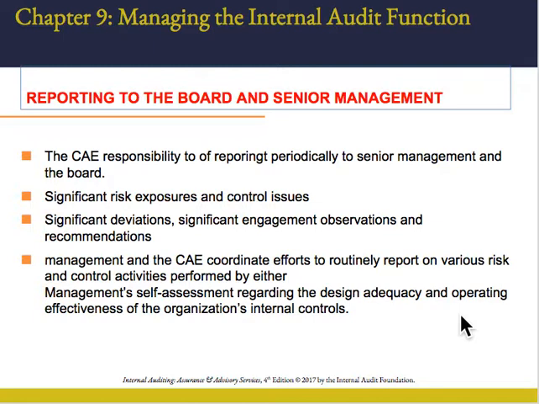In addition to this information, a report is typically submitted to the audit committee by either senior management or the chief audit executive. This report will state how management assesses itself regarding the design adequacy and the operating effectiveness of the organization's internal controls.